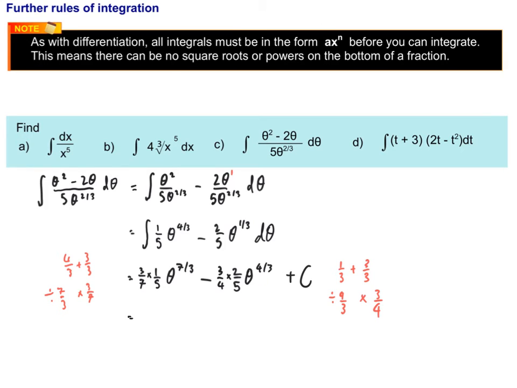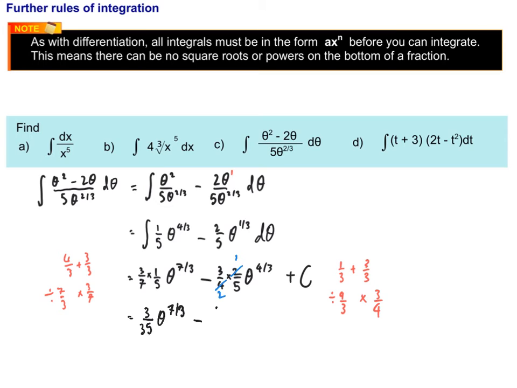First one, 3 times 1 will give me 3, 7 fives will give me 35, theta to the power of 7 thirds, minus, now this fraction will actually simplify down. If I divide the top and bottom by 2, I'll get a 1 and a 2 there.